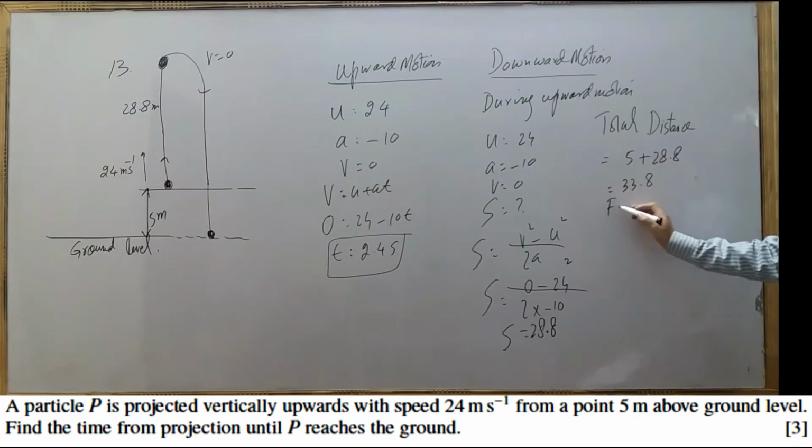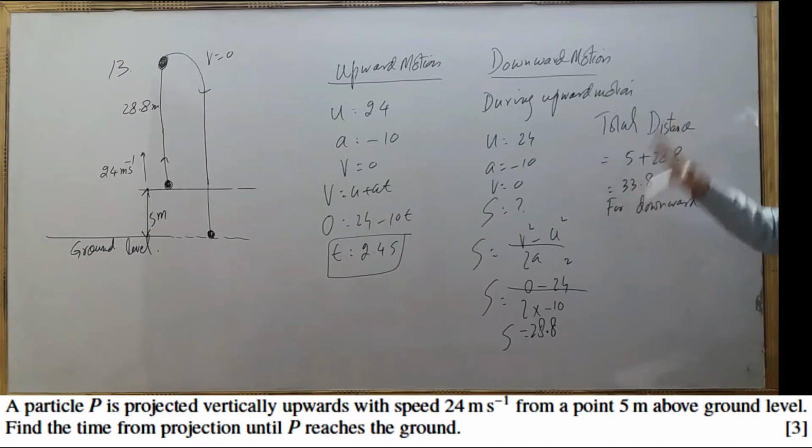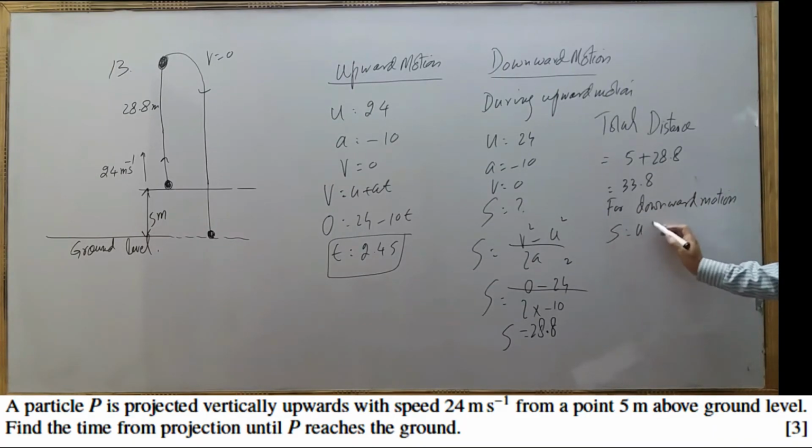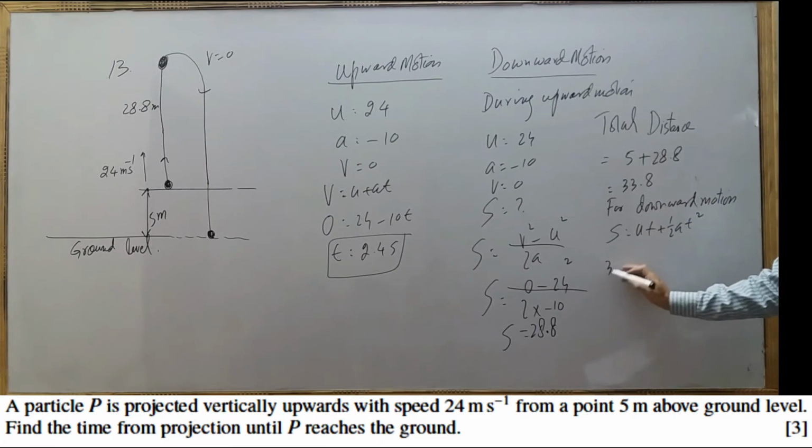So for downward motion, now we can find the time easily because we have found the total distance. We have S is equal to ut plus half at square. S is 33.8, u is 0, and half a is 5, so 33.8 is equal to 5 t square.